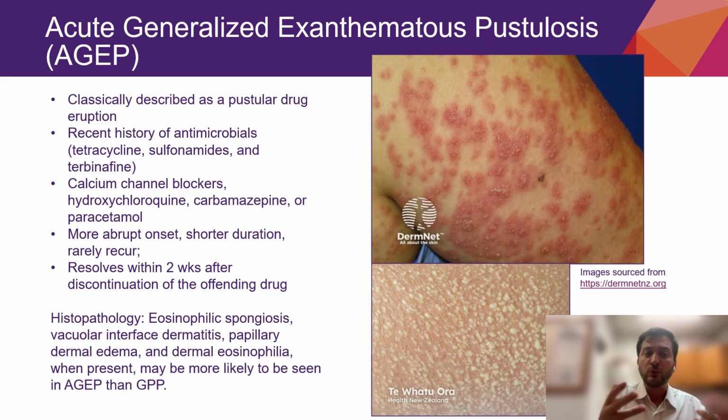It is told that AGEP would have a more acute, abrupt onset, and a shorter duration than GPP. Also, it rarely recurs unless you have a re-exposure to the drug, and it usually resolves within 2 weeks after the discontinuation of the offending drug.